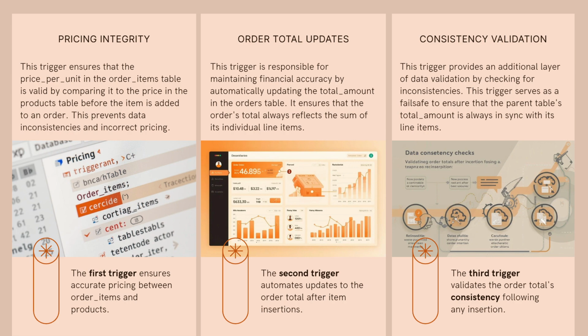So, this trigger ensures that whenever a new order item is inserted in our database, the total amount in the orders table gets increased by the amount of the product that was just entered in the order items, right?